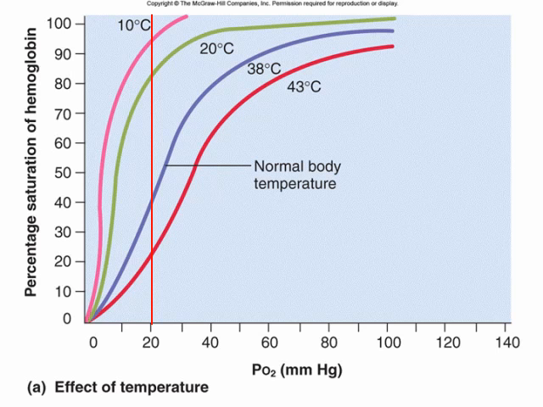At 20 millimeters of pressure, as the temperature increases, in other words, as we get warmer, we know that our muscles become more metabolically active, almost to the point of breaking down. And that's exactly what we see right here. At a partial pressure of 20 millimeters of mercury, look what the percent of saturation is at 43 degrees Celsius.